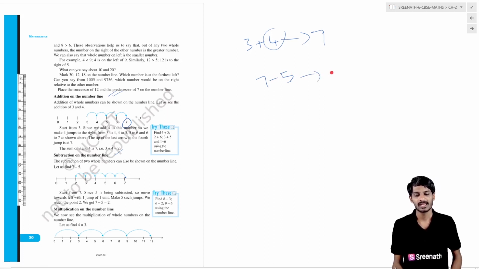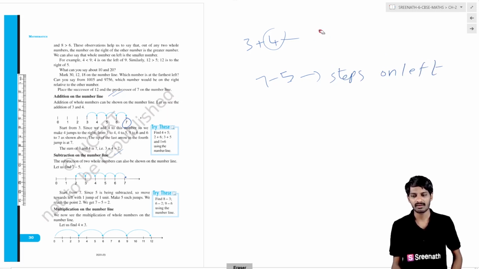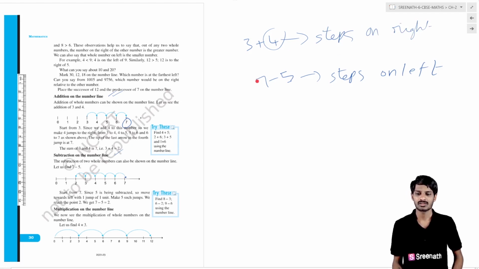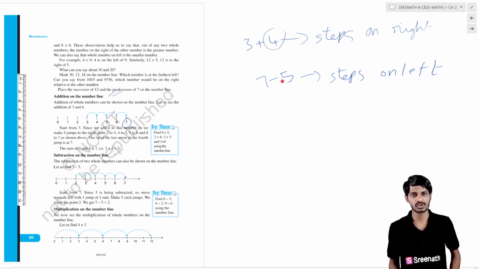In the case of subtraction you make steps on the left side, and in the case of addition, if it is 4, you make 4 steps on the right side.